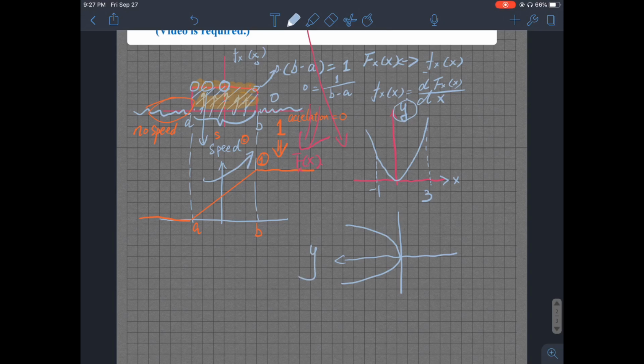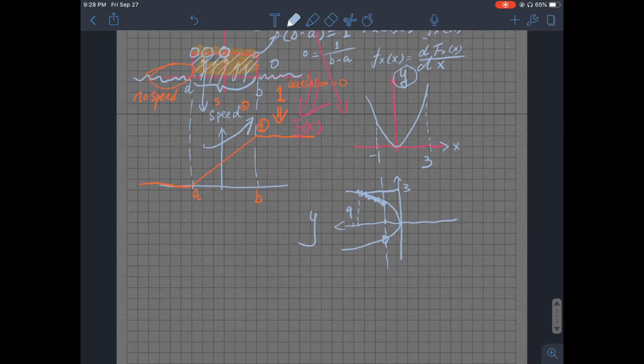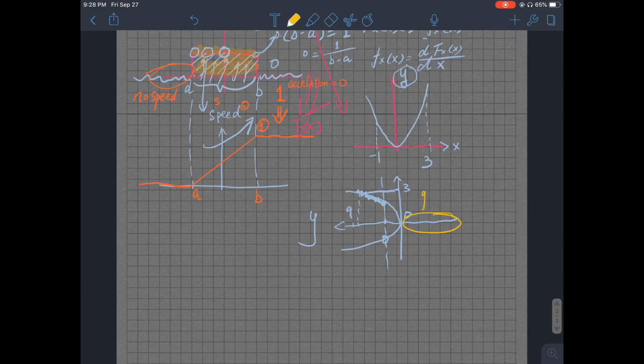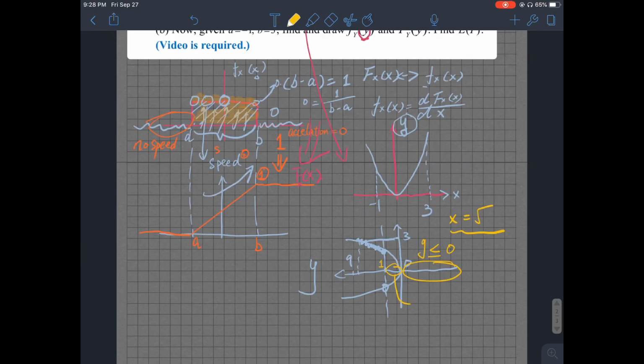And from 0 to 1, we have two roots. And from 1 to 9, so this is 3, we have only one root here. So we need to divide y into regions. This region is y less than or equal to 0. Then x equals plus or minus square root of y.